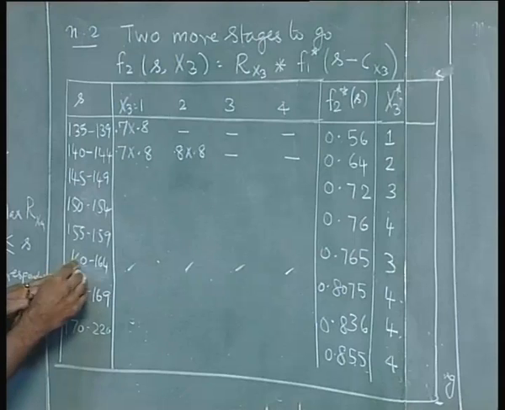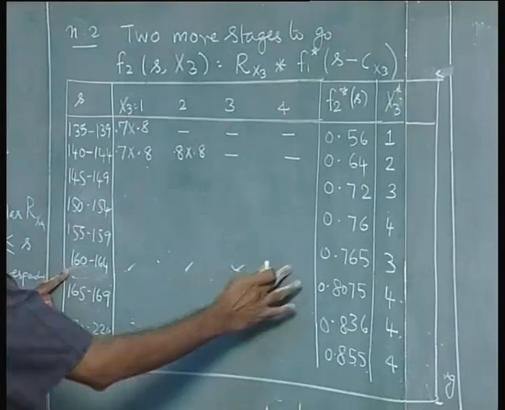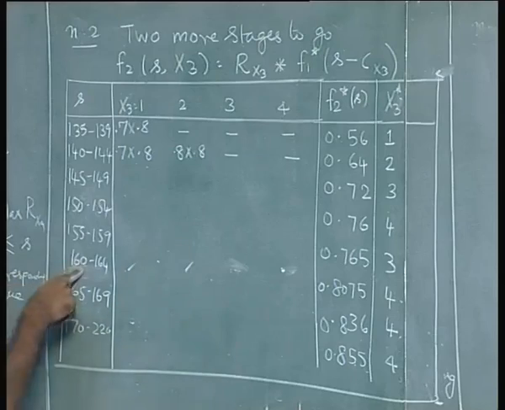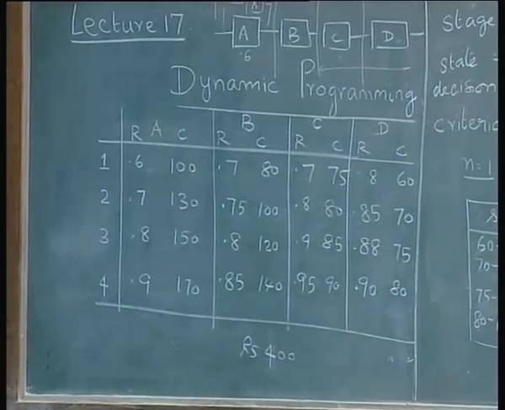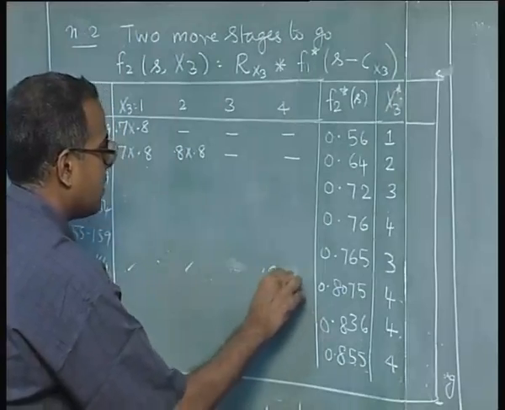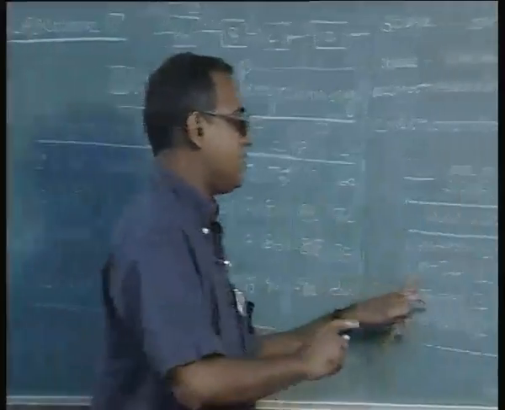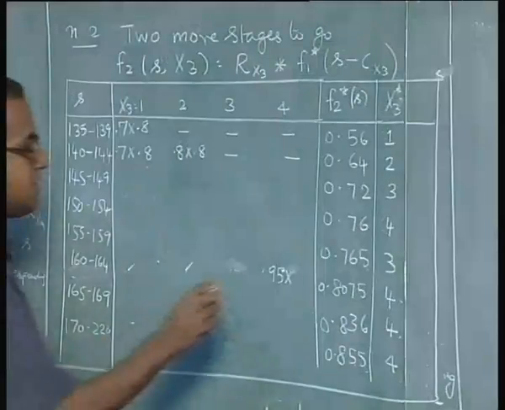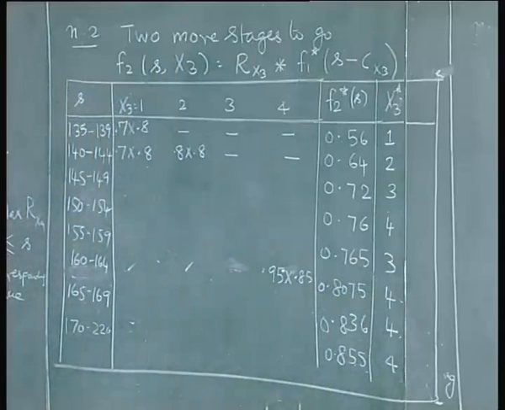If I have 160 with me and say I decide to buy 4 here, then I have 160, for 4 I spend 90 and get a 0.95 here. I spend 90, I have a balance of 70, this 70 would give me another 0.85, which gives 0.8075.